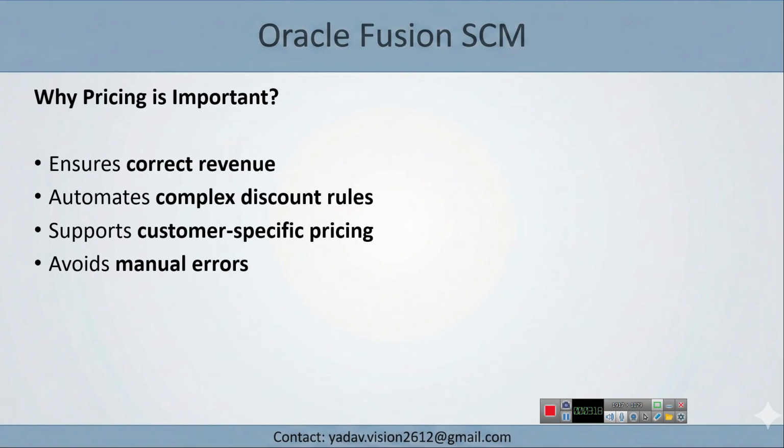And if you have a customer base who have been buying since long, maybe dealers or distributors, or a rating customer, you are going to give some special discounts to attract them and do business for long. That kind of thing you are going to do with Oracle pricing.